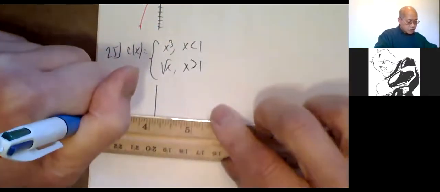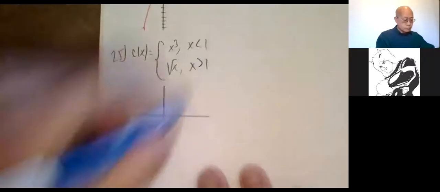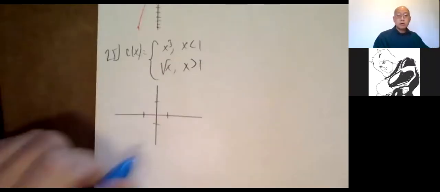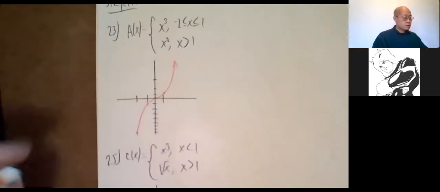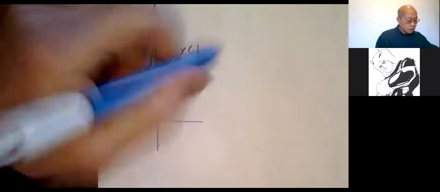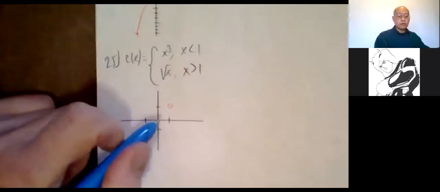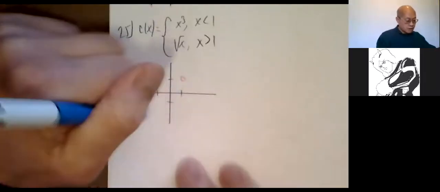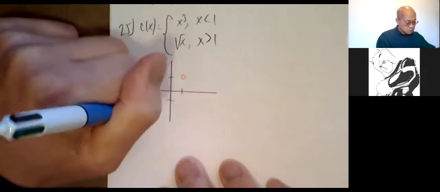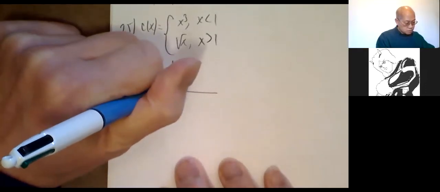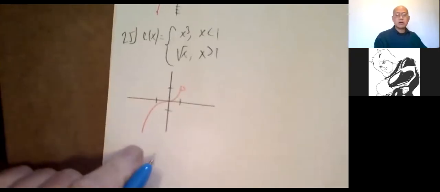A very rough sketch. Okay, x cubed, we just finished graphing that. So I'll do the same thing. I have a hole at 1, 1. And then I'm just going to draw the same thing as I did over here. That's the x cubed part.